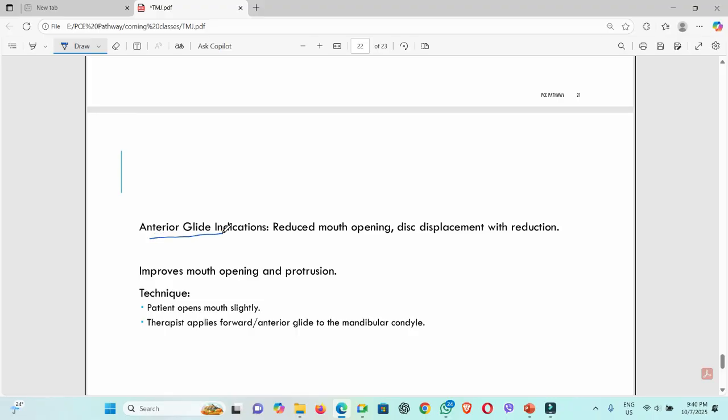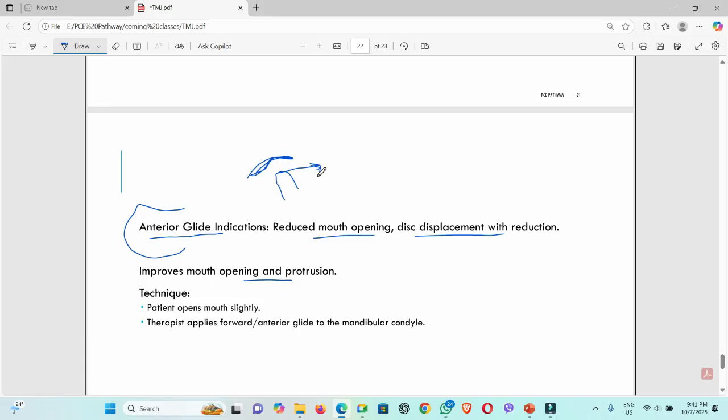Anterior glide. Okay? So anterior glide indications: reduced mouth opening, disc displacement with reduction. Anterior glide improves mouth opening and protrusion. It goes with the basics, guys, right? This is the disc, condyle, this is the lower chamber. So the condyle glides anteriorly to open the mouth.